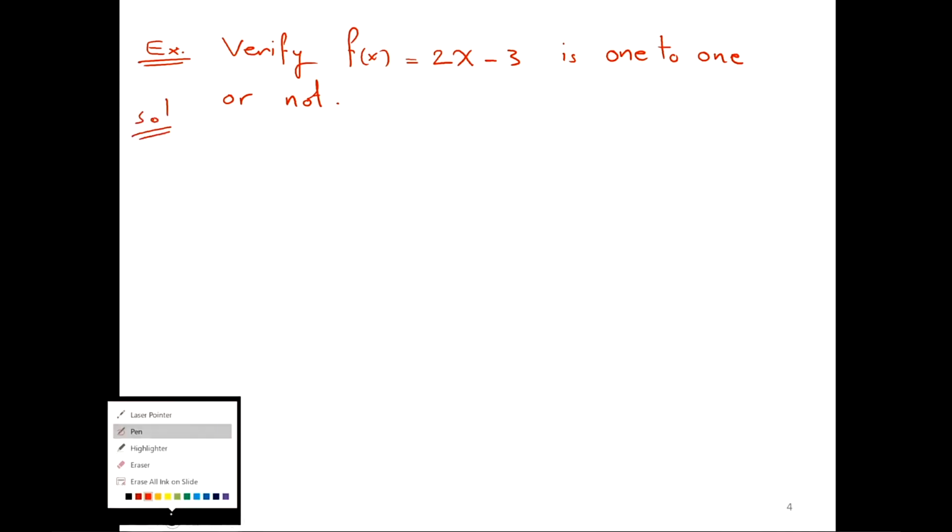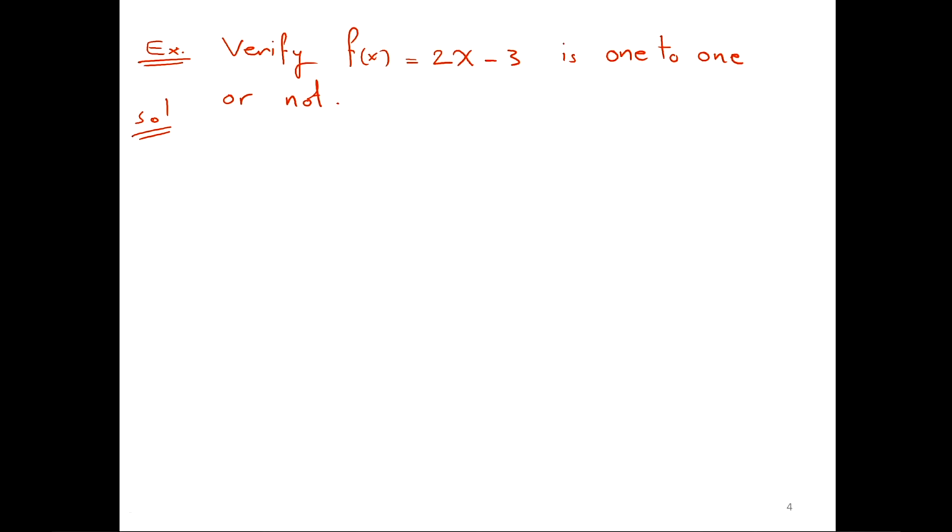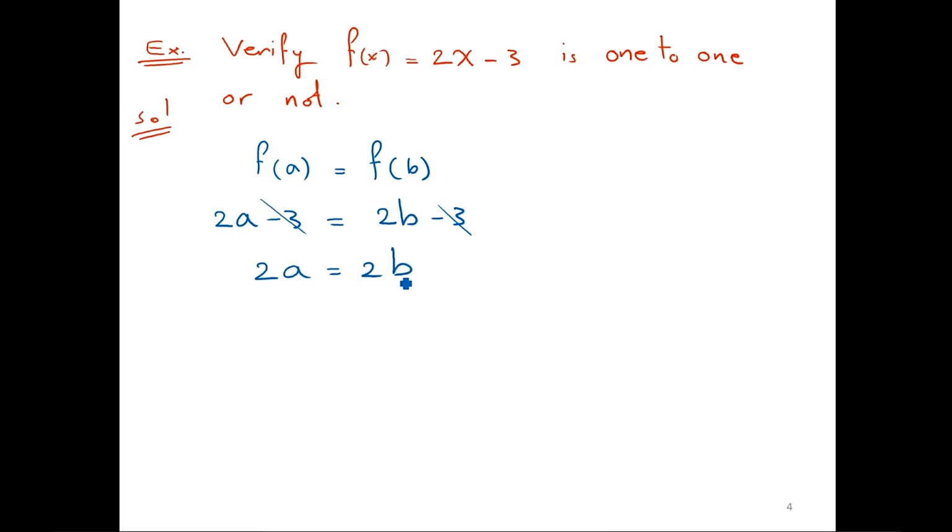The solution is, firstly, put f(a) equal f(b). Substitute a, we have 2a minus 3 equal, substitute b, we have 2b minus 3. Now we can remove the -3 with -3. So we have 2a equal 2b.